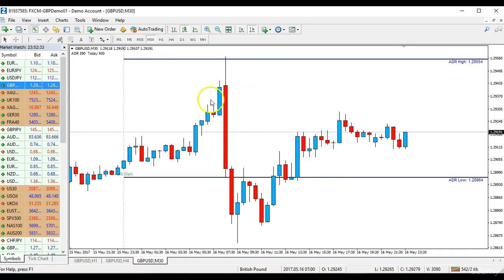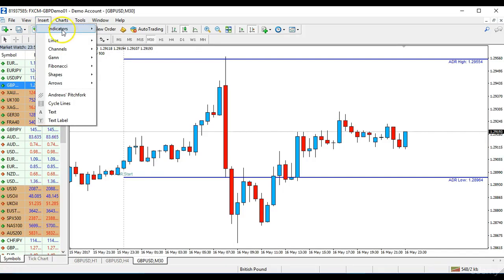You can see when the ADR high and low were hit, they formed these blue lines. So that can be useful, but it is just an indicator. It's not something to transform your trading. It's not a magic bullet. There's nothing like that. It just doesn't exist. So this is why I'm not going to spend a lot of time on indicators.